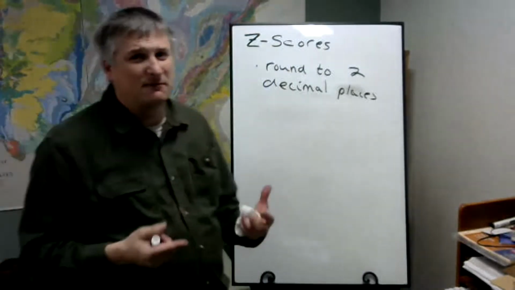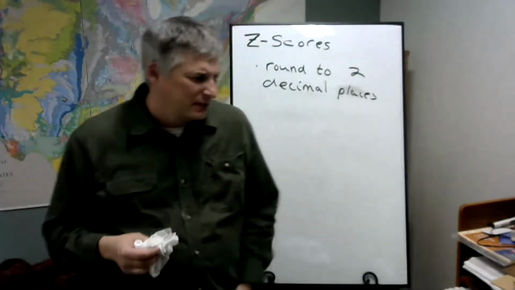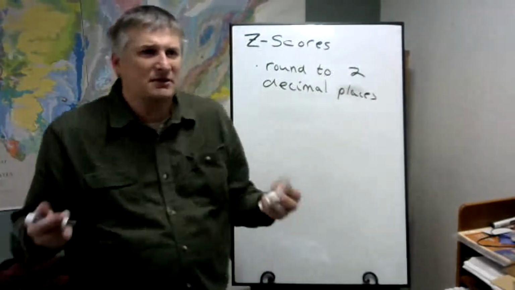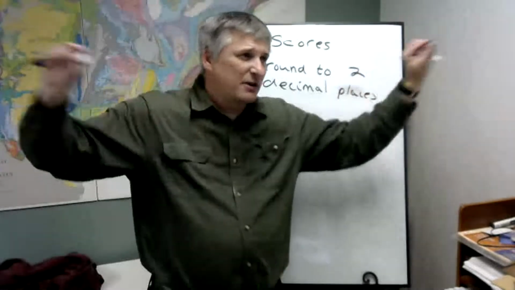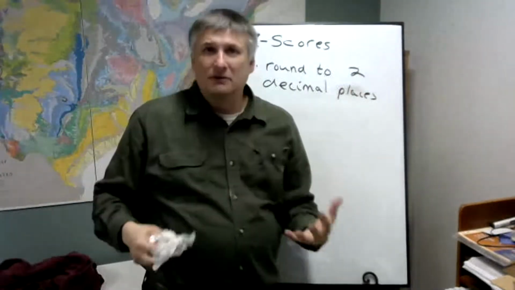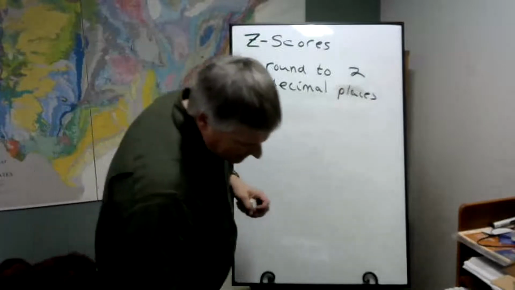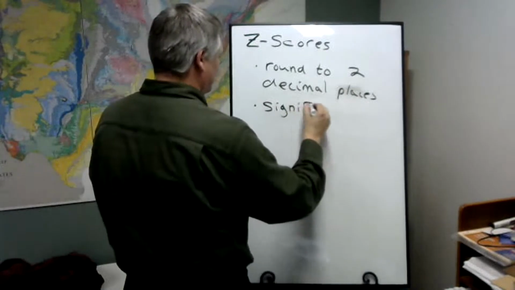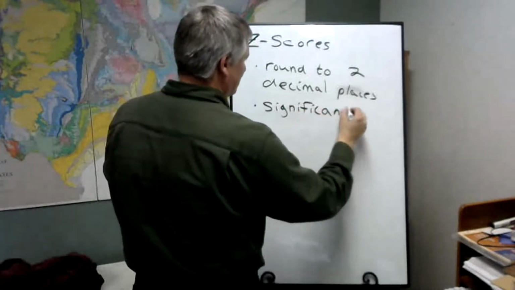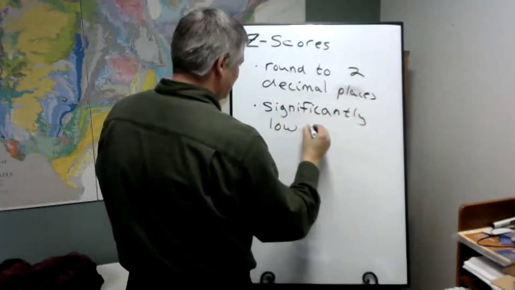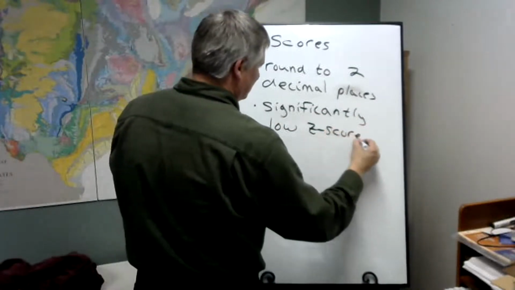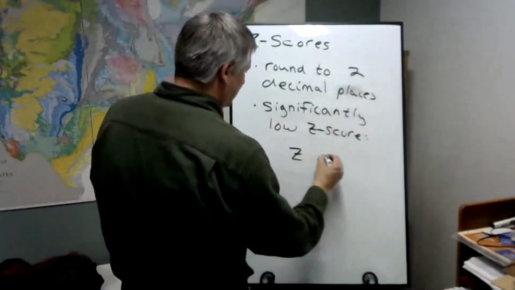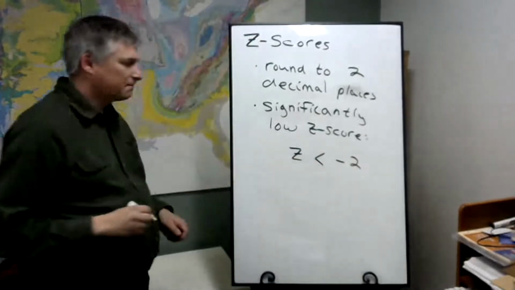Z-values, we'll talk about significant values or significant data values. Typically, when we have something that's significant, it's pretty far from the mean. The idea is the mean is kind of what we expect, and the farther out you are from the mean, well, this is kind of unusual. So you have a significantly low z-score if your z-score is less than -2.